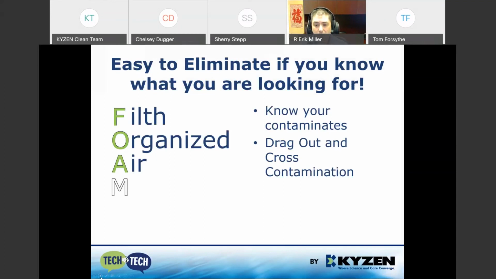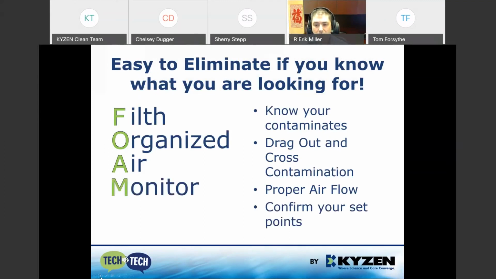Make sure that our air flow is balanced and not pulling chemistry one direction or another, or creating foam from one section to another, and monitor the process, confirming that your set points are what you're actually running in that process. It's pretty much that simple, but if you do those things, you can pretty much eliminate or reduce foam completely.